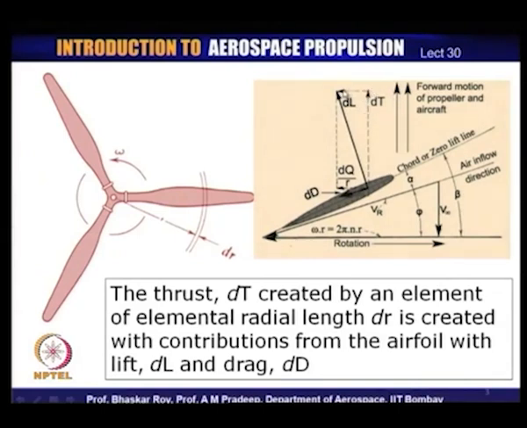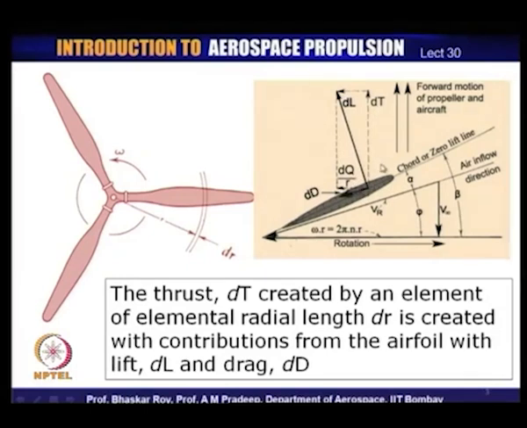So, the component of dL in the forward direction, or what can be called a direction which is parallel to the axis of the propeller, would give you the thrust component, which we call dT, which is the elemental thrust of this particular element. So, you get a thrust now born out of the lift component of the propeller. Of course, here you would get a very small negative thrust in the actual direction. So, the net thrust would be composed out of positive contribution from the lift and a small negative contribution from the drag.